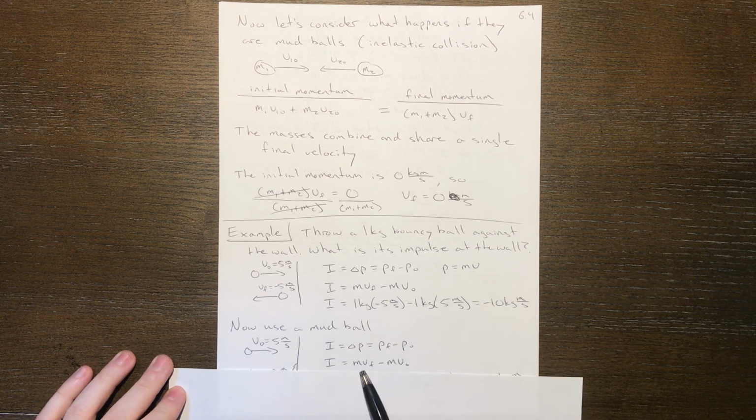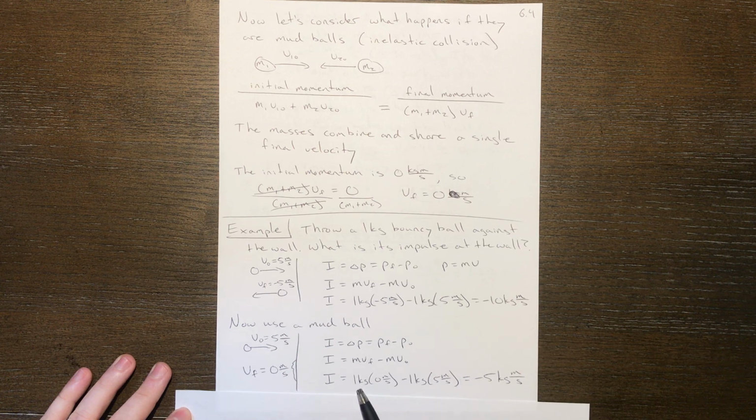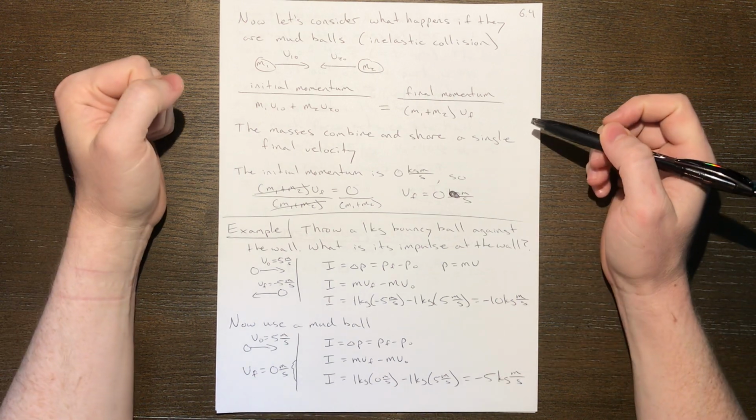That is mv final minus mv initial. But in this case, our final velocity was 0. So we have 1 kilogram times 0 meters per second minus 1 kilogram times 5 meters per second. This is 0 minus 5 kilogram meters per second, for a total of -5 kilogram meters per second.